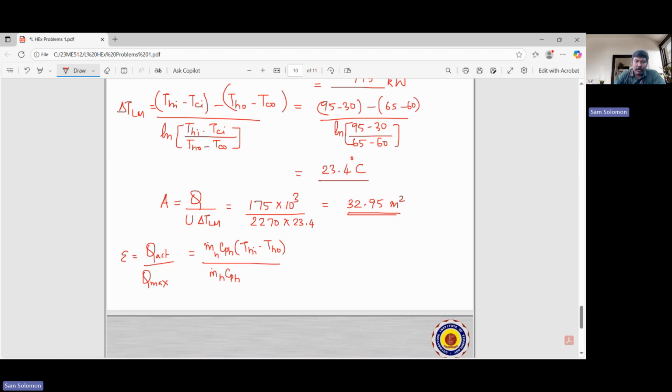So you can take any one of these and the maximum possible heat transfer is going to be THI minus TCI. So this gets cancelled. And so your THI minus THO, that is going to be equal to 95 minus 65 divided by 95 minus 30. So 30 divided by 65. So that is going to be equal to 0.461.